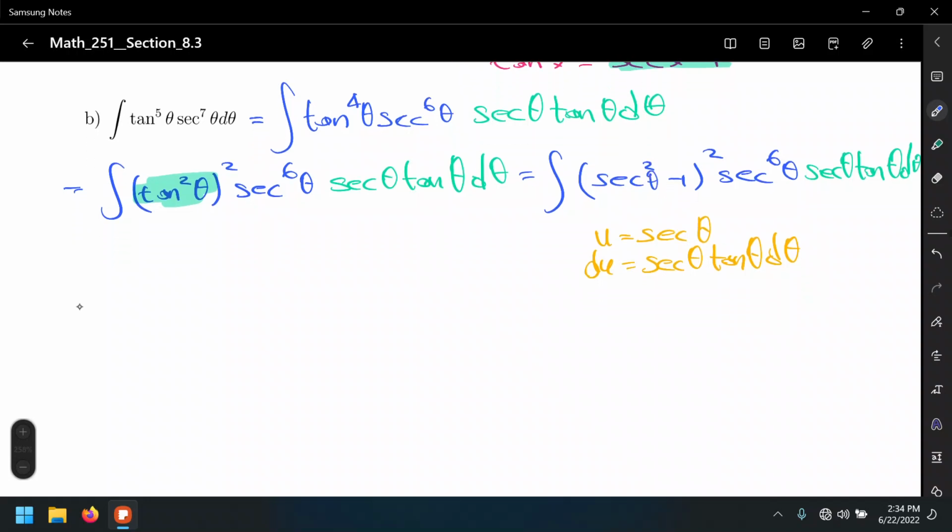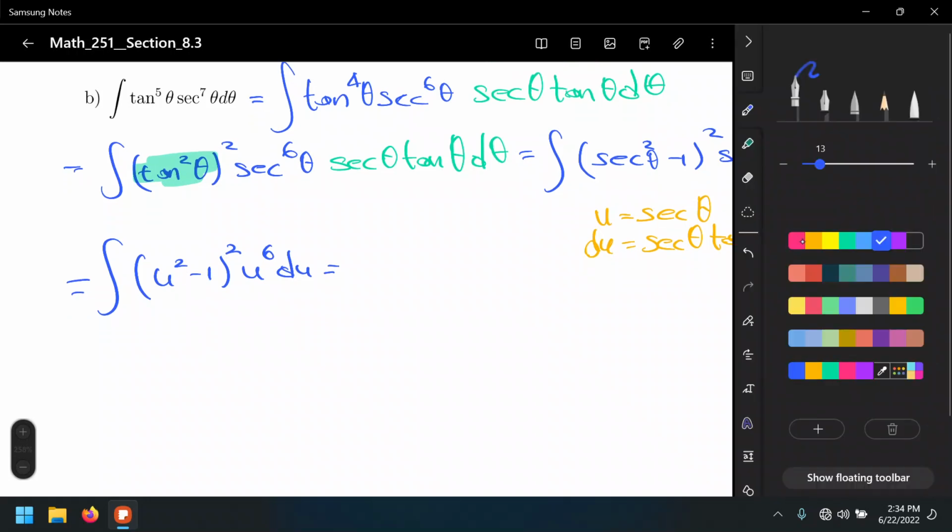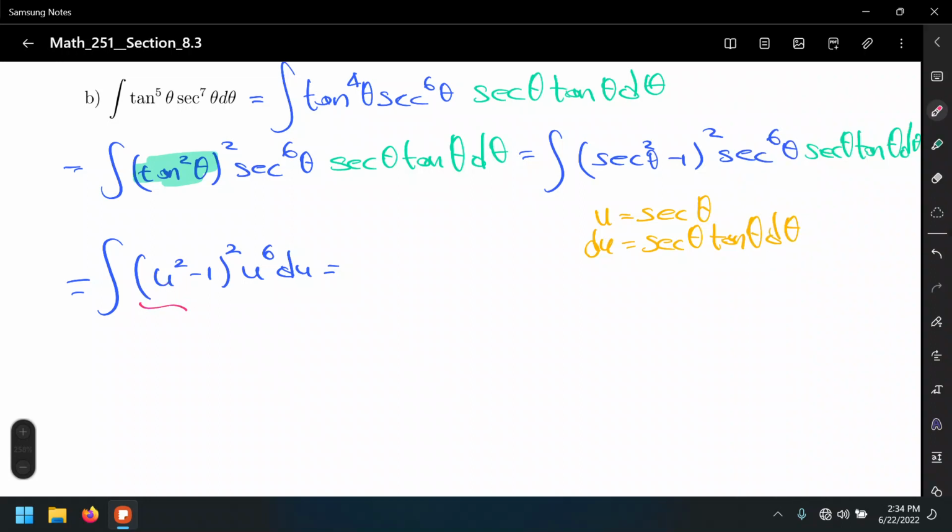In this case, we can write the integral as the integral of u squared minus 1 squared times u to the 6th du. And we can expand the binomial in terms of u, and not a binomial in terms of secant like we did before with sines and cosines. So let's expand the binomial again: a minus b squared is a squared minus 2ab plus b squared.